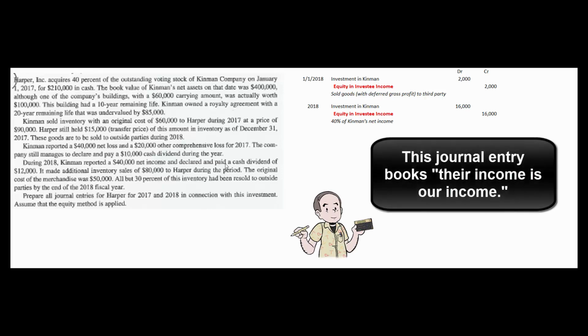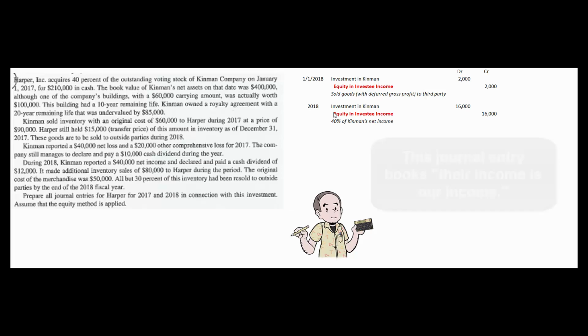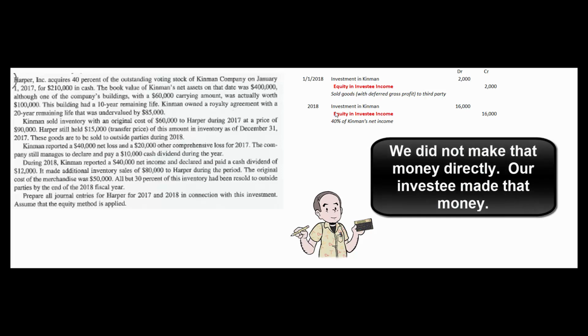During 2018, Kinman makes $40,000. Their income is our income. 40% of that is $16,000. So equity investee income goes up by 16. We didn't make that money. The sub, if you would, Kinman made that money, but because we're using the equity method, their income is our income. We increase our investment in Kinman by that $16,000.